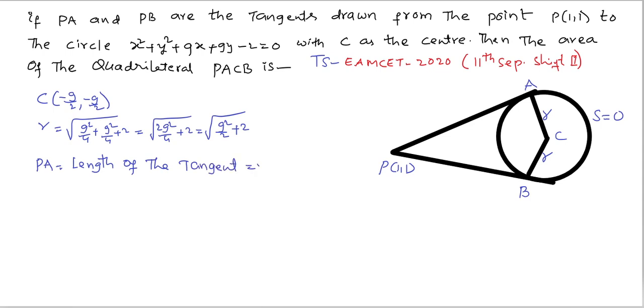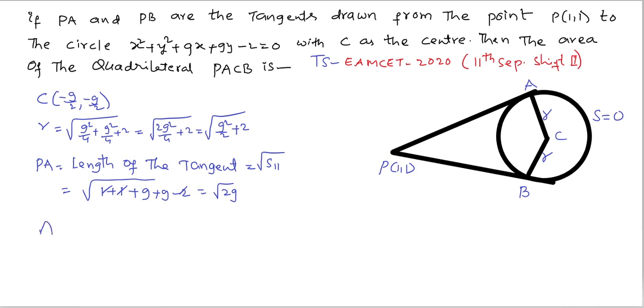Length of the tangent is equal to root S1, substituting (1, 1) in the given circle, that is 1 square plus 1 square plus g into 1 plus g into 1 minus 2, so here 2 minus 2 cancel, that is equal to root over 2g. This is the length of the tangent from P to the given circle.